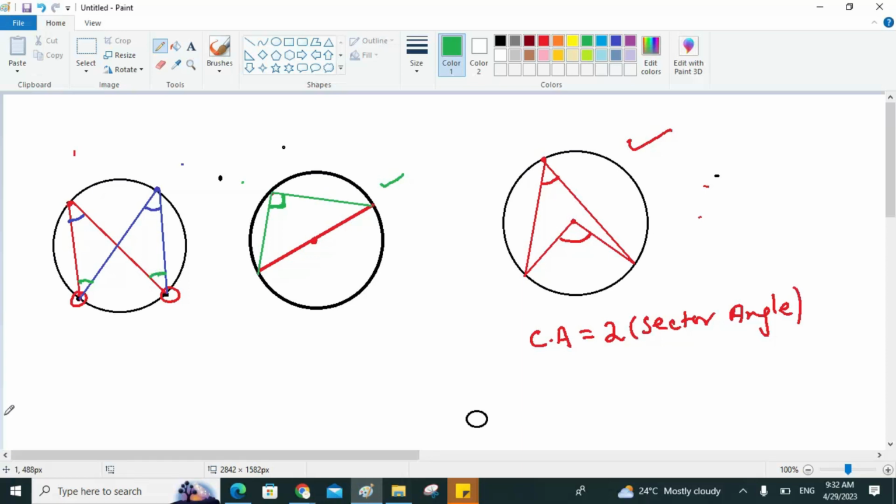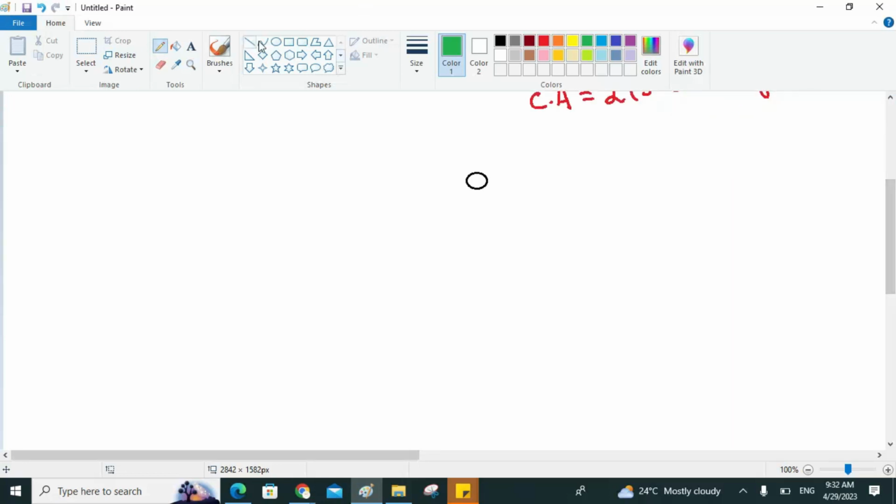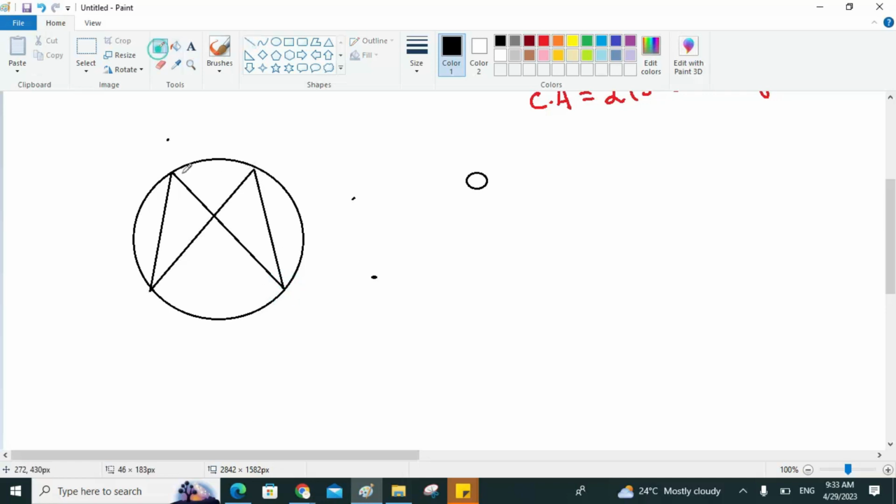Are you getting my point? Let me draw this diagram again so that I can explain this fact. See, this is a circle, and if you connect 2 points here, and from the same segment, if you connect these 2 points here, these angles will be equal to each other.